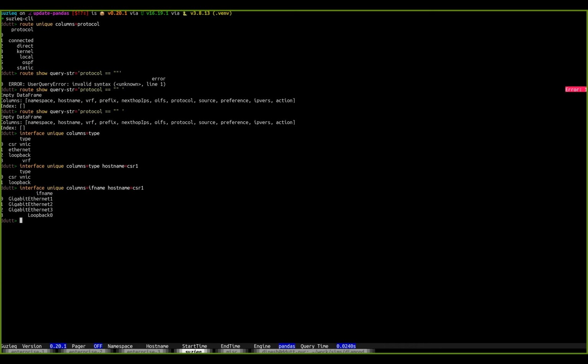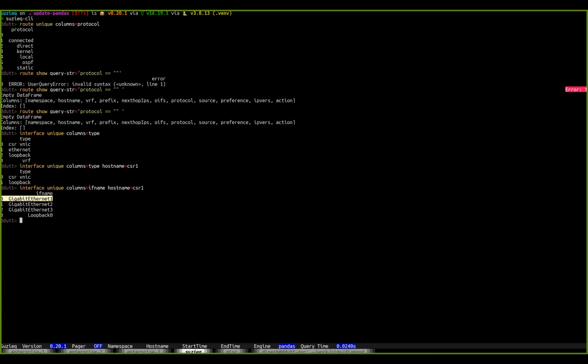We look at this. Typically, we should expand all the interface names. We do not keep the shortened version of the interface name. If for whatever reason there's a parsing bug and we didn't expand it, reducing it to a single device and using unique will help you isolate it and say, oh, there's a problem here. This interface name never got parsed out completely.